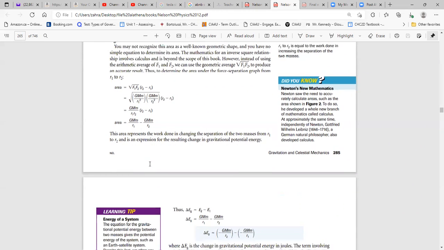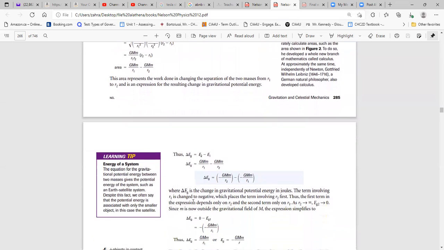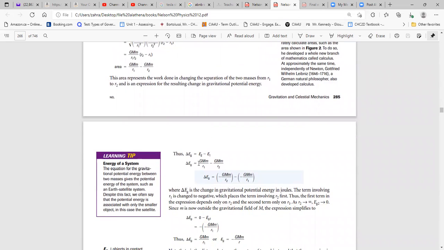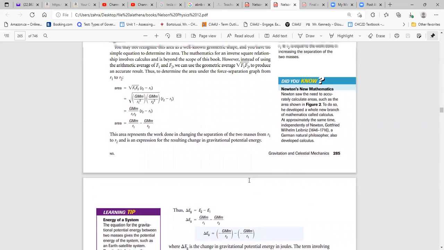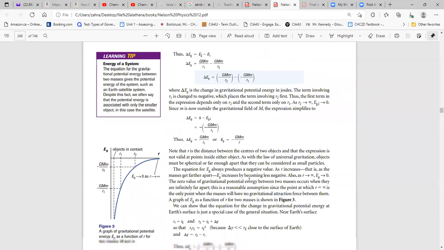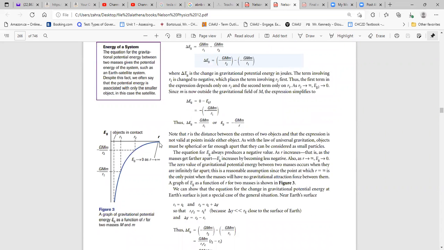So final minus initial. Make sure these potentials are negative. So the change in potential is negative GMm/R2 minus negative GMm/R1, final minus initial. The thing is that we consider the potential at infinity to be 0.